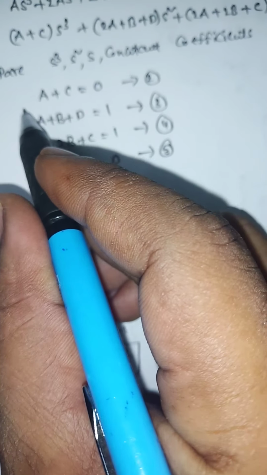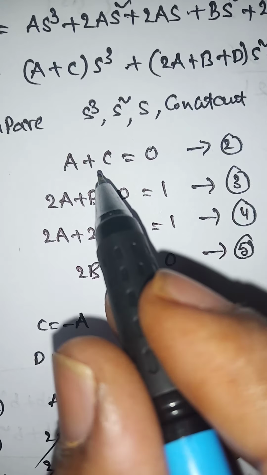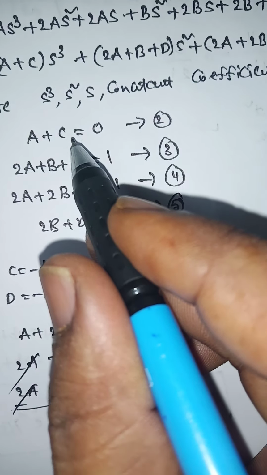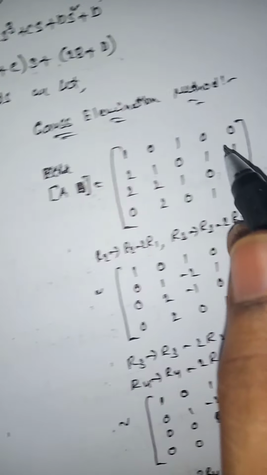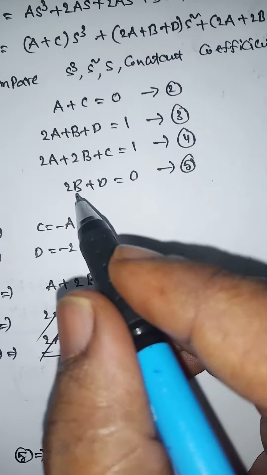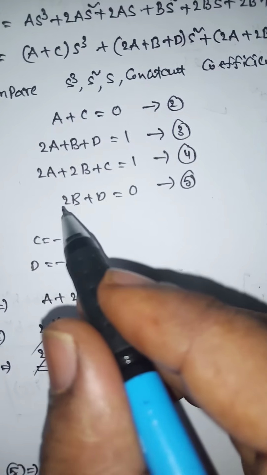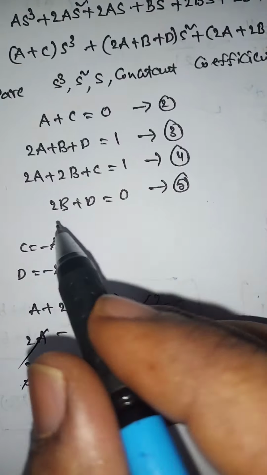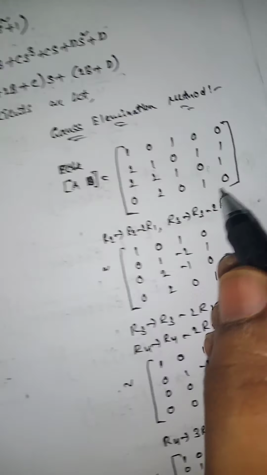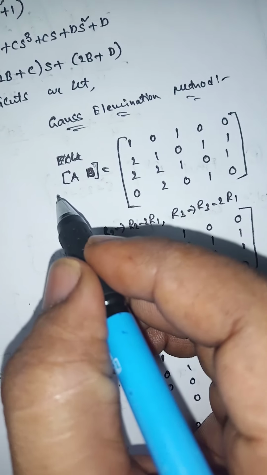First coefficient 1, b coefficient is 0, c coefficient is 1, we don't have d term, d coefficient is 0, this side term is 0. Like that 4 equations. In the last row, a coefficient is 0, b coefficient is 2, c term is 0, d coefficient is 1, and the constant term at that side is 0. This is called the augmented matrix.